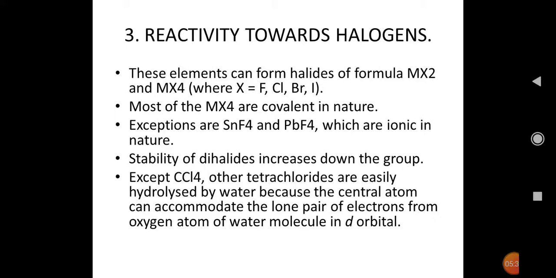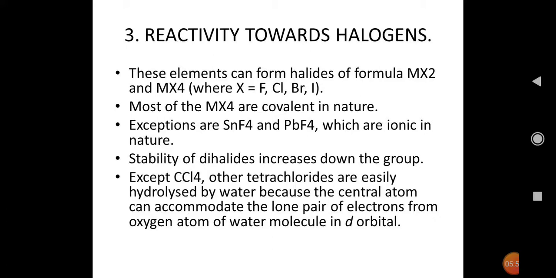The third one is reactivity towards halogens. Group 17 elements are called halogens. Group 14 elements are easily reactive with halogens, and they produce metal halides. But there is an exception, carbon.